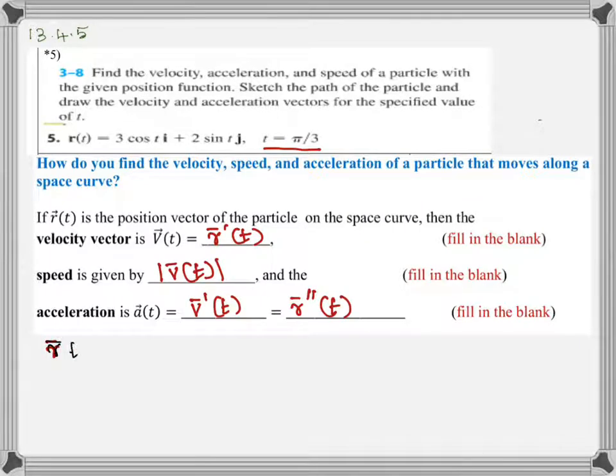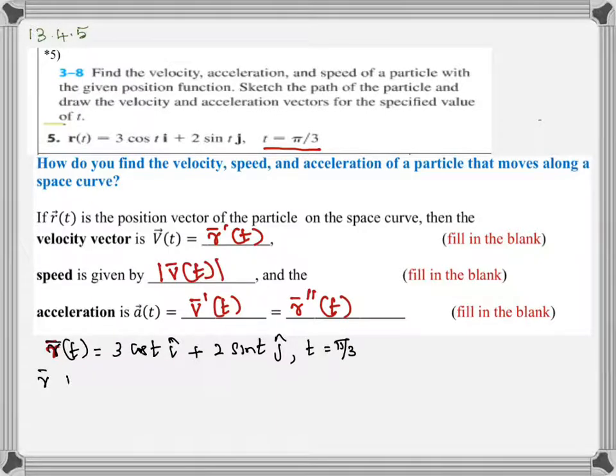Now t is given to be pi by 3. Then we'll substitute that pi by 3 in order to get r of t. r of t is 3 cosine t i plus 2 sine t j, where t is replaced by pi by 3.